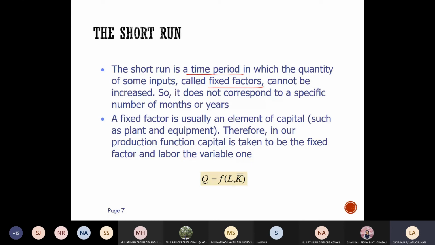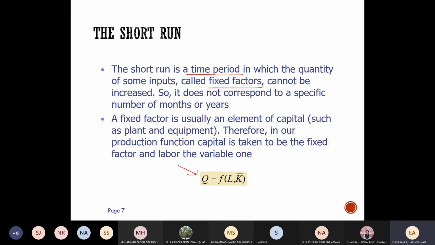Therefore, in our production function, the capital is taken to be the fixed factor and the labor the variable one. As you can see in the production function formula here, usually we know that Q equals F of L and K, with K for the capital.